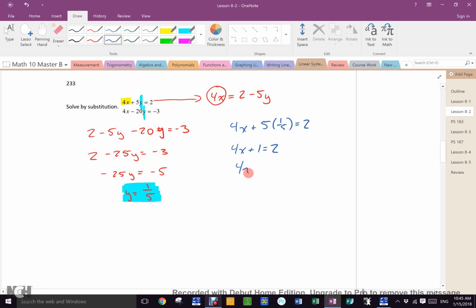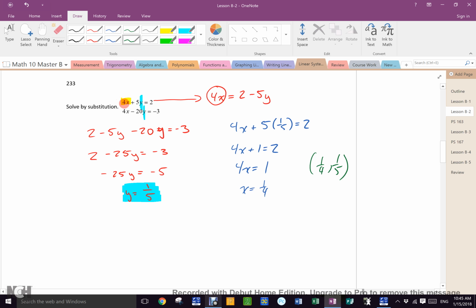What does 4x equal? 1. So what does x equal? 1/4. So what's my ordered pair? 1/4 and 1/5.